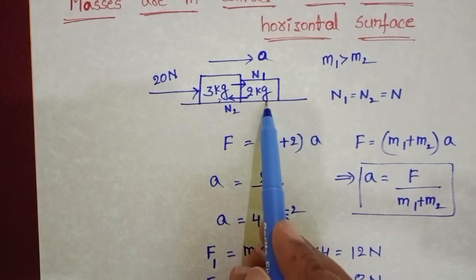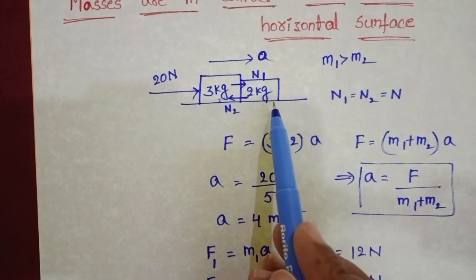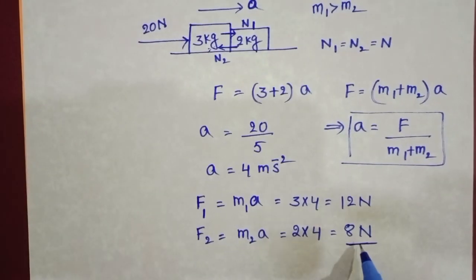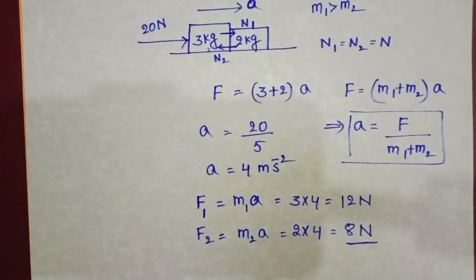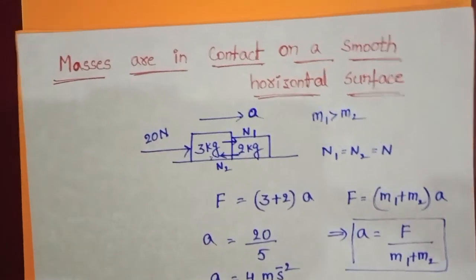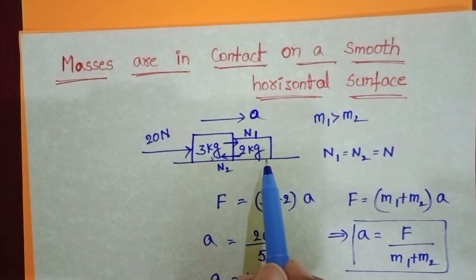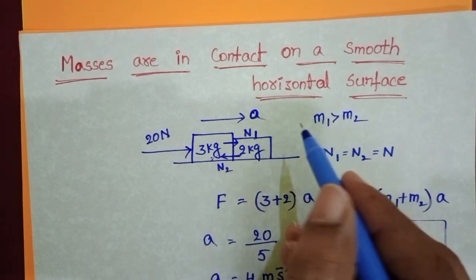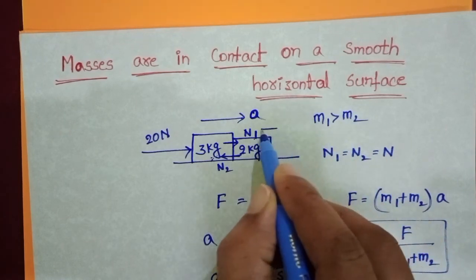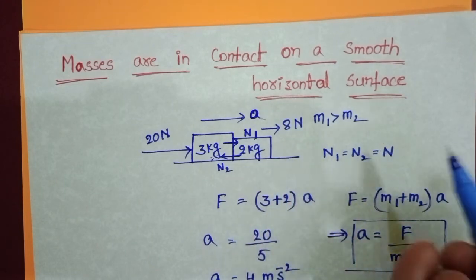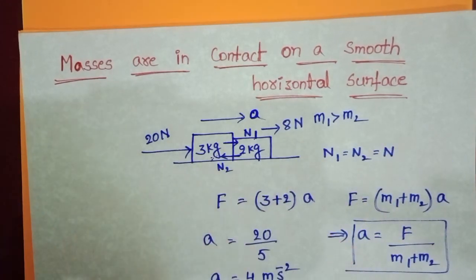So the 2 kg mass is accelerated by using a force of 8 Newton. So this 8 Newton is the contact force. The 2 kg mass gets this force because of contact force. So N1 is 8 Newton, the force by which the 2 kg is accelerated, and it exerts the same force in the opposite direction also.